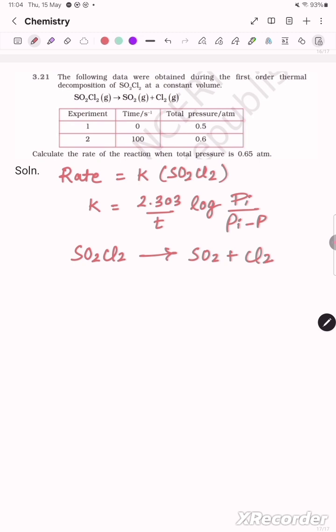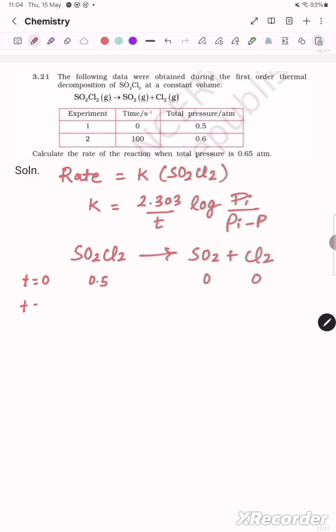So at time 0, the initial pressure is 0.5, and when the reaction has not started, the pressure of the products will be 0 and 0.